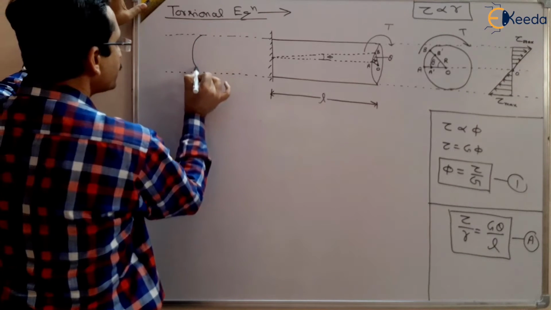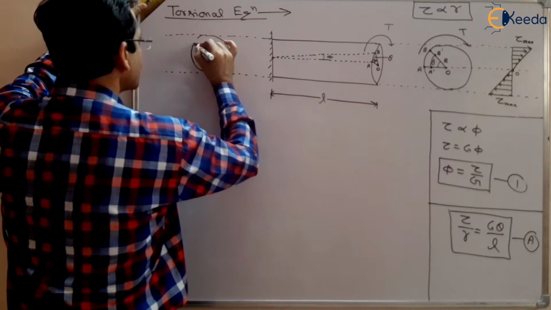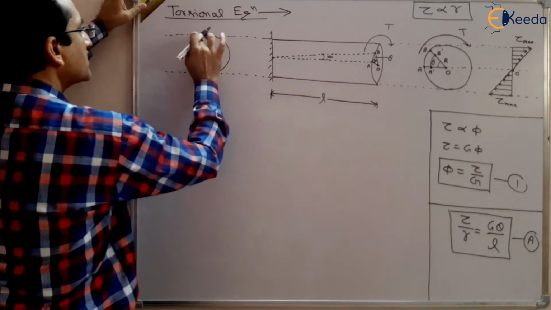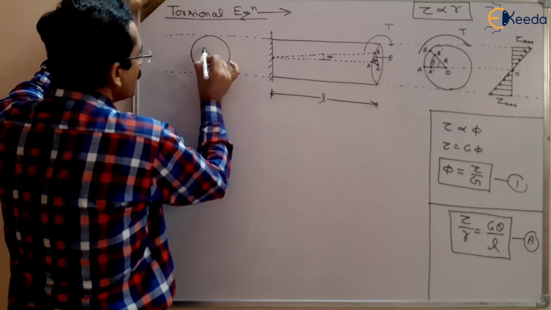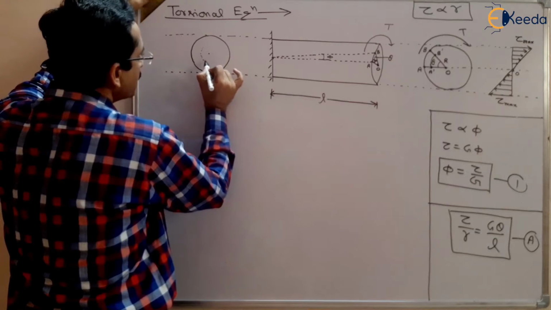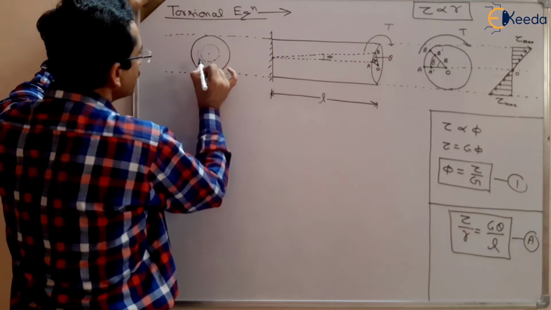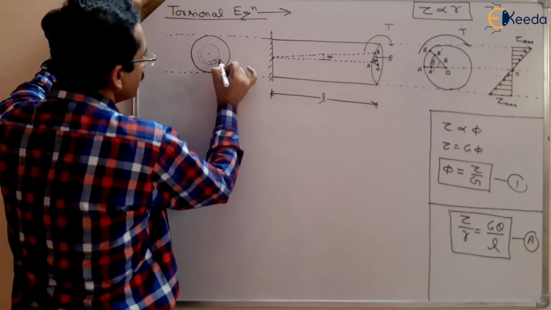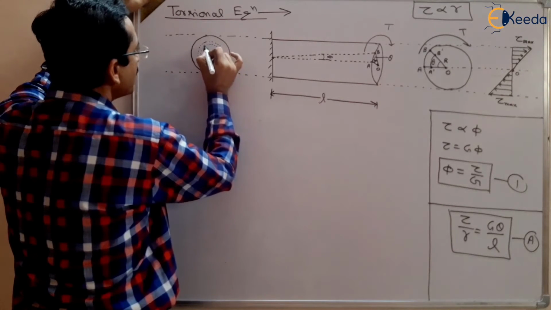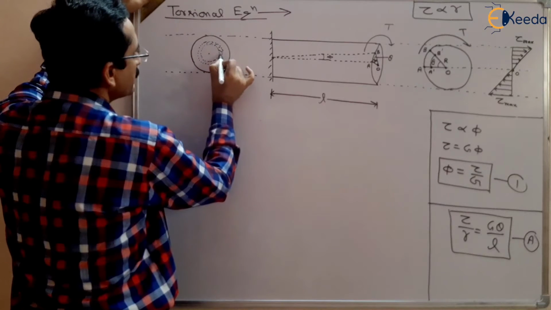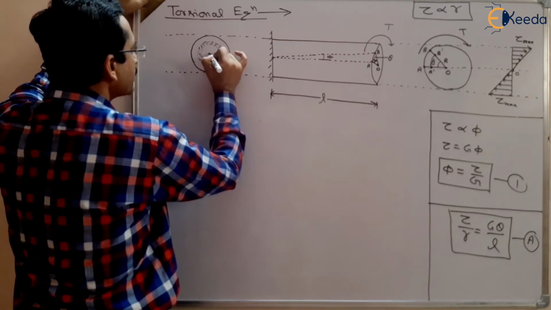So this is our circular shaft, and we can take a small elemental ring in between, and find the forces acting on that ring. Suppose we have taken this small ring of thickness dr at a radius r.